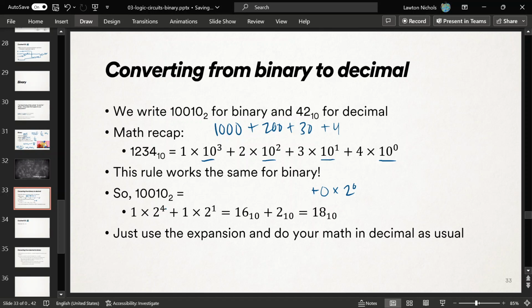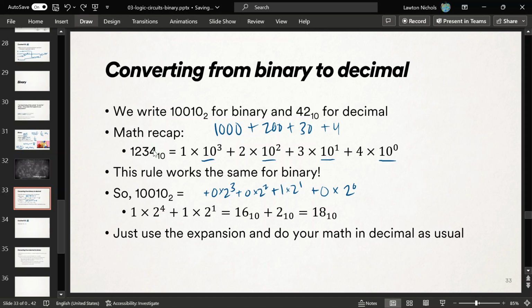And then, all right, what's the next one? This is 1 times 2 to the 1 plus 0 times the 2 squared place. I guess I don't need these zeros, but I'm including them for fun. And this would be 0 times the 2 to the third place, the 2 cubed place, plus one more digit. This is 1 times 2 to the 4th.